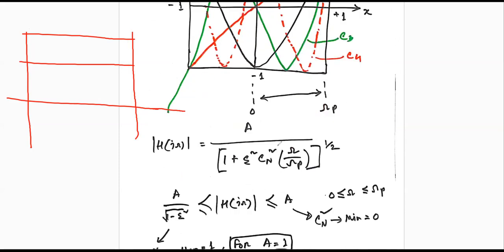If this portion Cn is 0, Cn square is 0, then what should be the starting point of the amplitude? A divided by 1, because this whole portion is 0, and 1 to the power root is equal to 1. A divided by 1. And conventionally, what is the value of A? We put 1, isn't it?